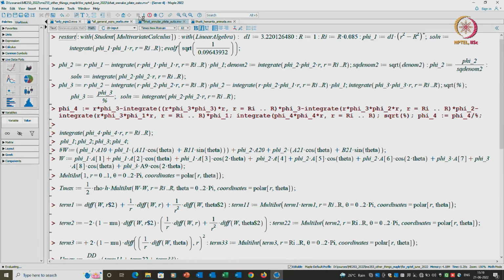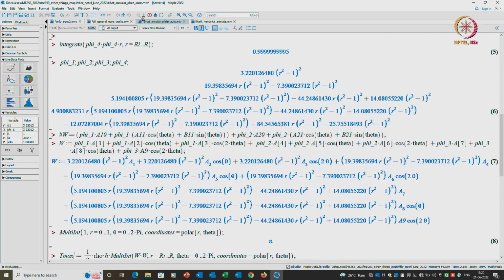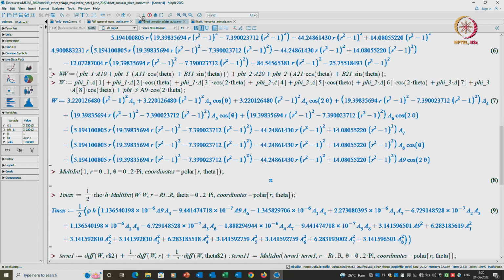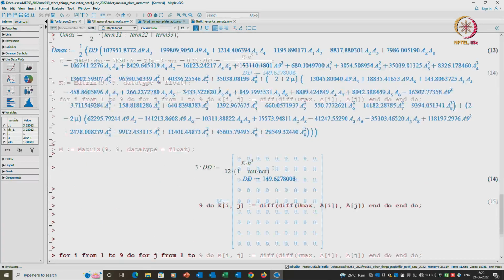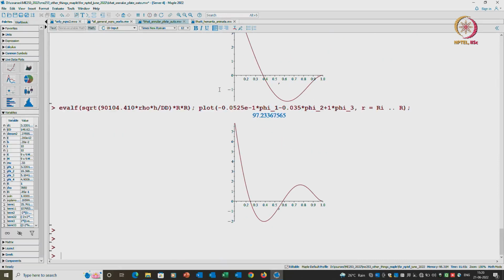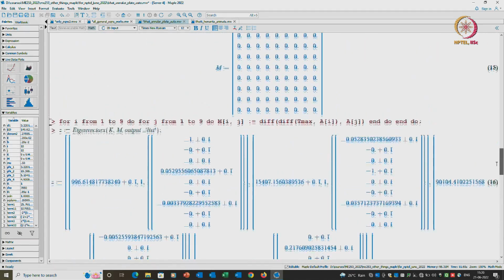So if I run it, now let us see here. So I have coded all the relevant terms, so it will be easy.